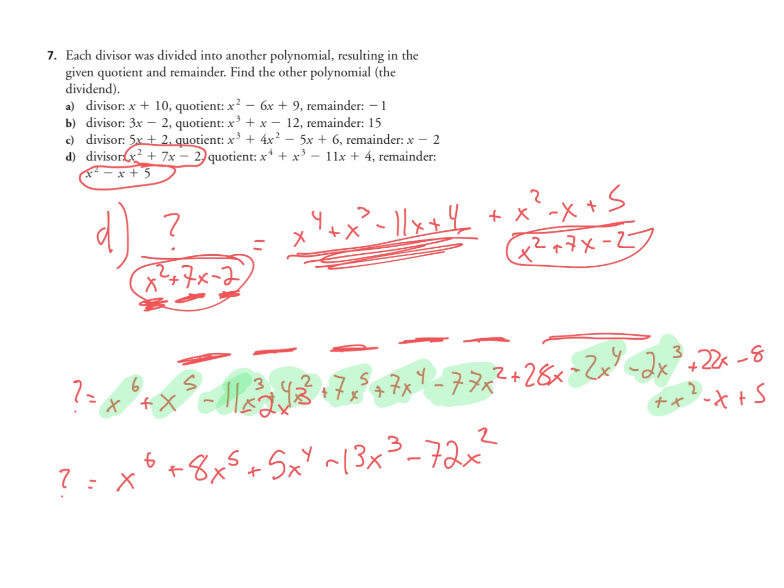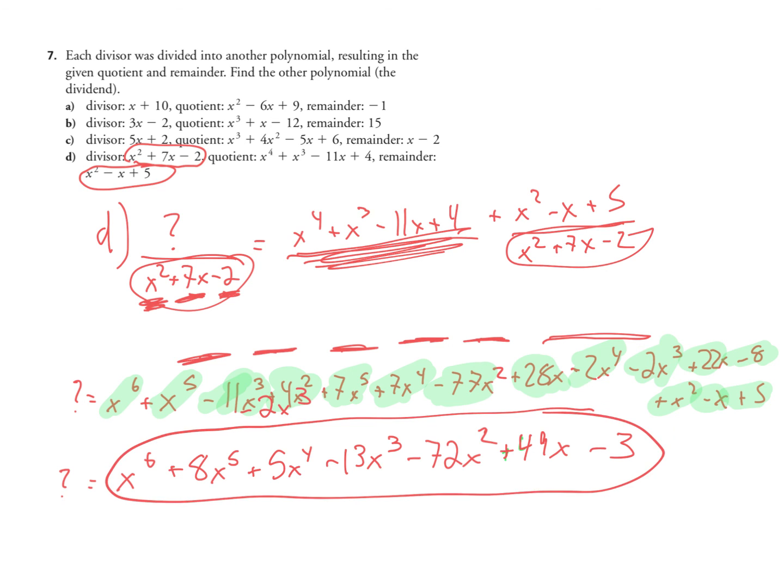Let's go for our linear term. 28x, so it's 50x. 49x. Oop, wrong color. Plus 49x. And we got negative 8 plus 5, so minus 3. Yay, finally done.